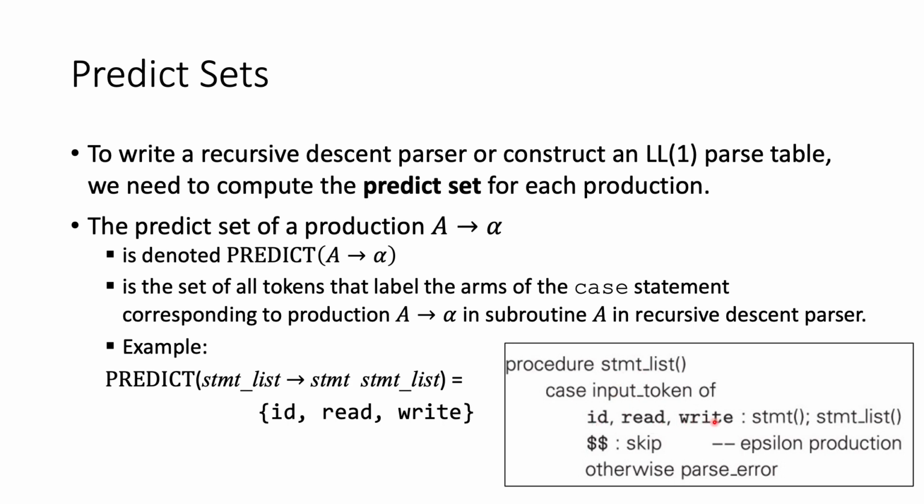So that is here. Similarly, the predict set of the epsilon production for stmt list consists of only the end marker, because the end marker produces the epsilon production for stmt list in the recursive descent parser.